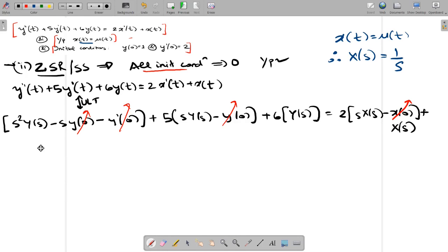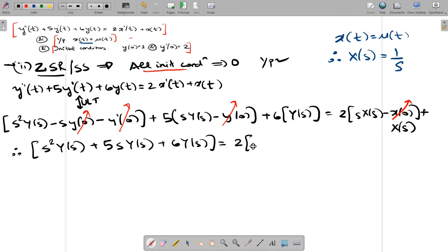Let us substitute and see. What remains? S squared y of s plus 5s y of s plus 6 y of s is equal to 2s into what is x of s, 1 by s, plus x of s, which is 1 by s.